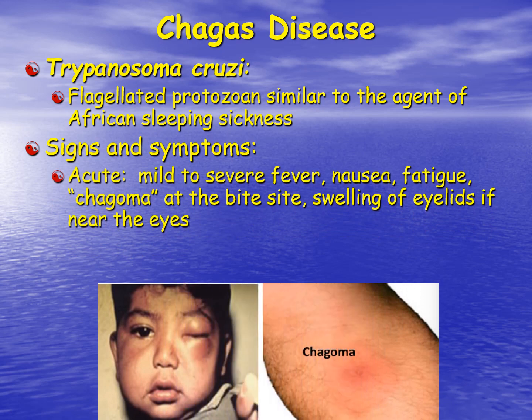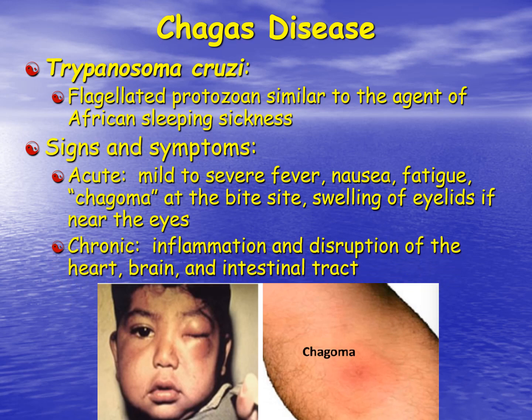Signs and symptoms of Chagas disease range from the acute phase, where we have mild to severe fever, nausea, fatigue, sometimes the chagoma at the bite site, which is basically a swollen area where the insect vector has bitten. This can then progress to a chronic phase where we see inflammation and disruption in the heart, the brain, and the intestinal tract.